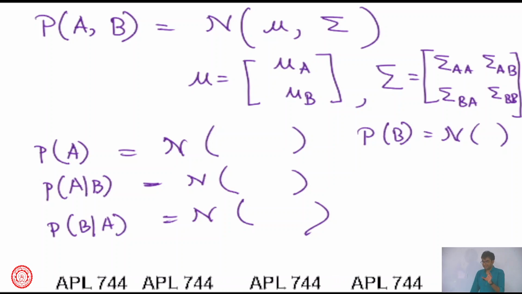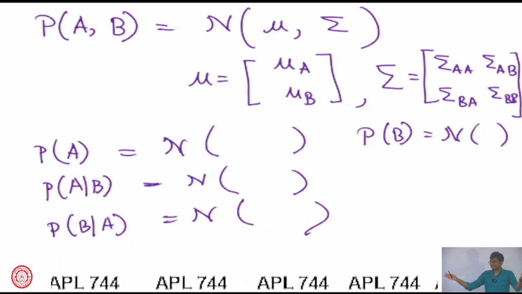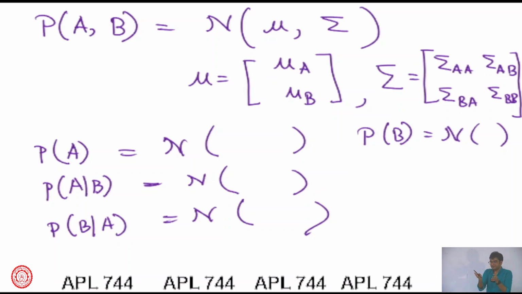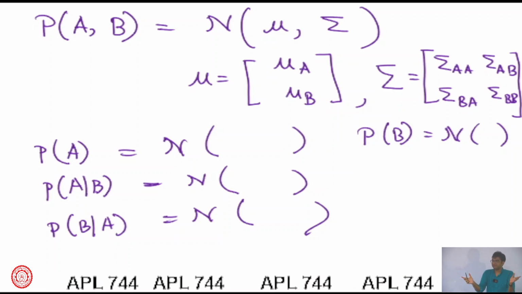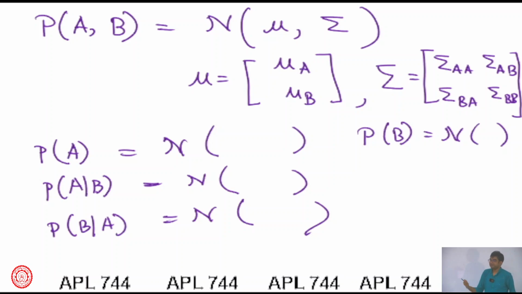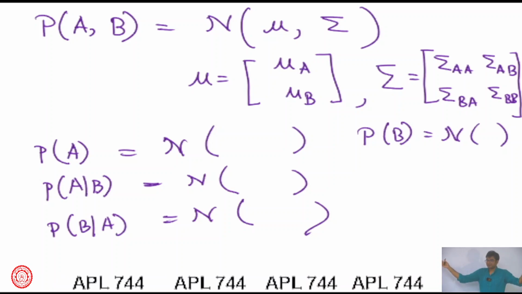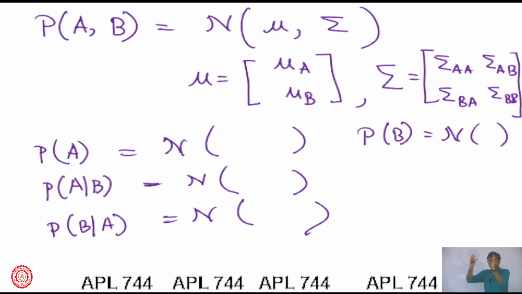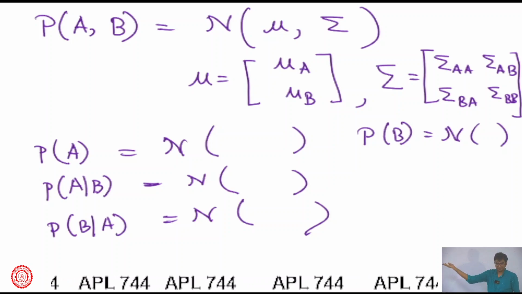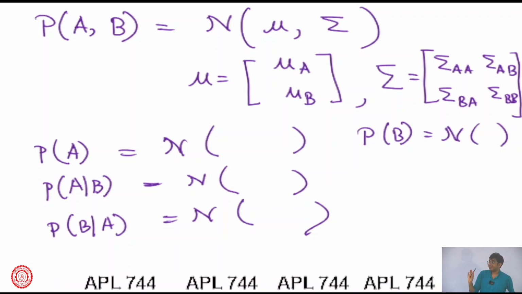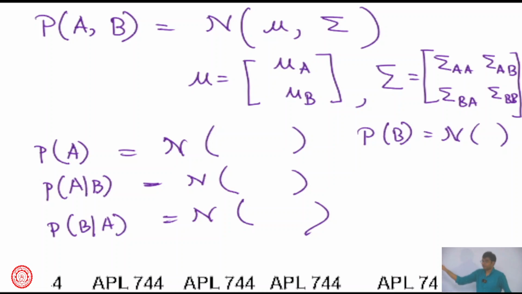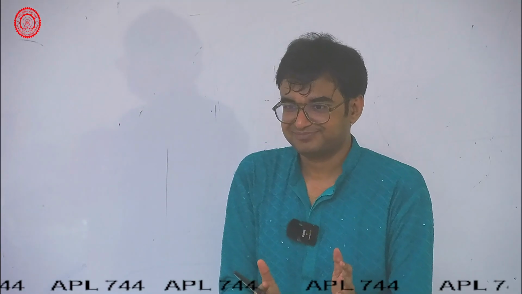A and B are like you divide x k into 1 to j and j plus 1 to k. So, both of those are vectors. So, from k variables you take a subset of that and the remaining, and that becomes A and B. So, A and B here are not scalars, and this property holds for any size of subset.